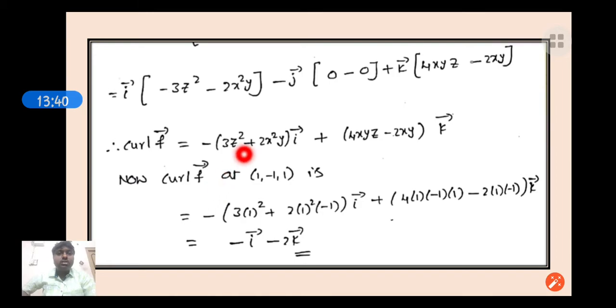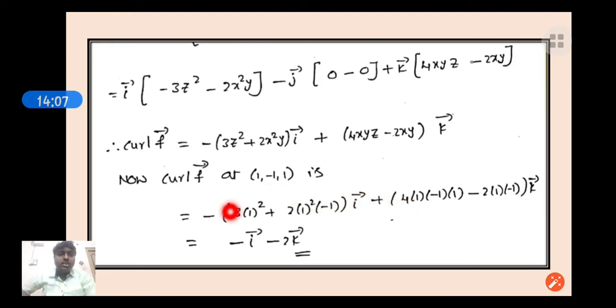So that is equal to minus of 3 into 1 whole square plus 2 into 1 whole square into minus 1, i bar, plus 4 into x is 1, y is minus 1, z is 1, minus 2 into x is 1, y is minus 1, into k bar.